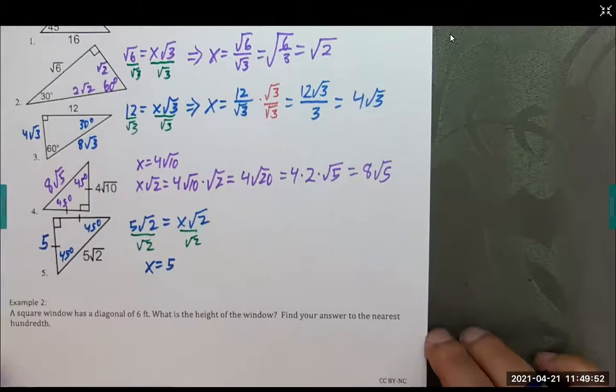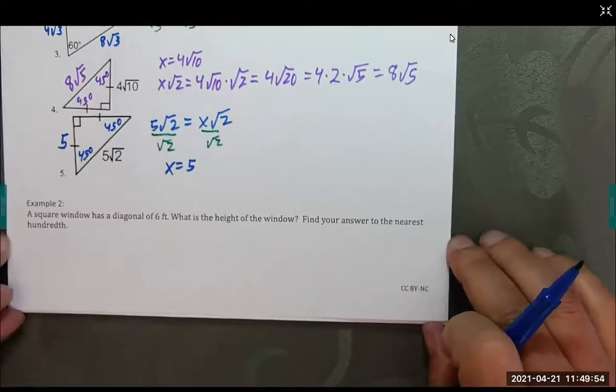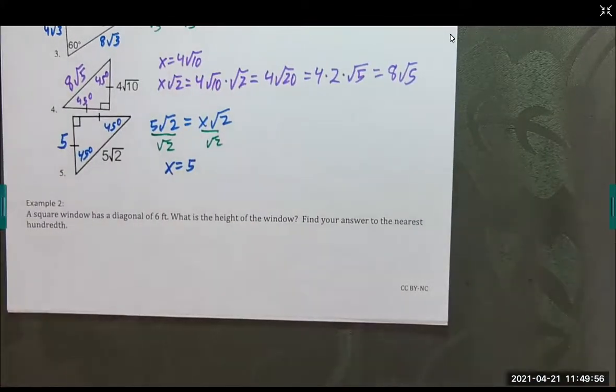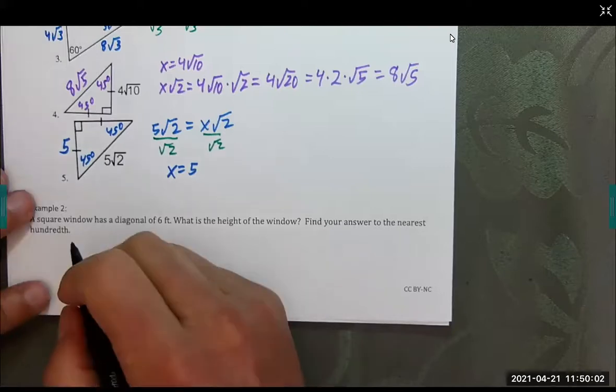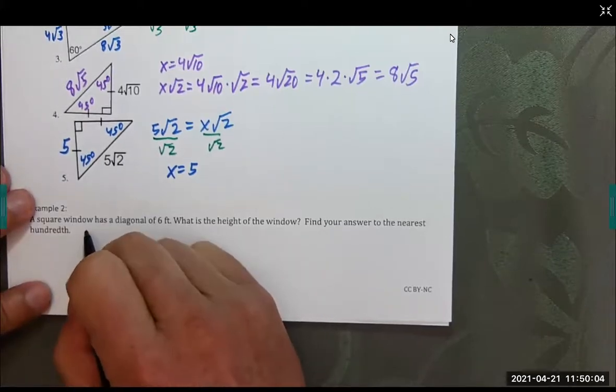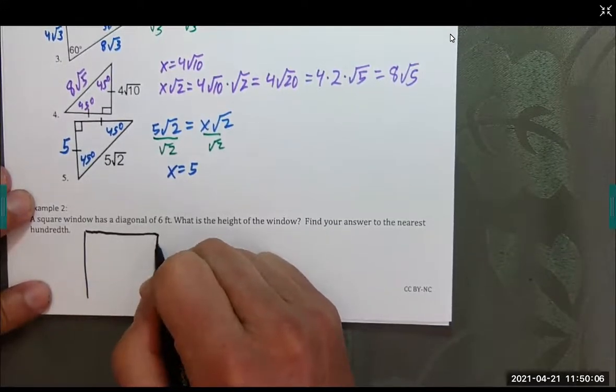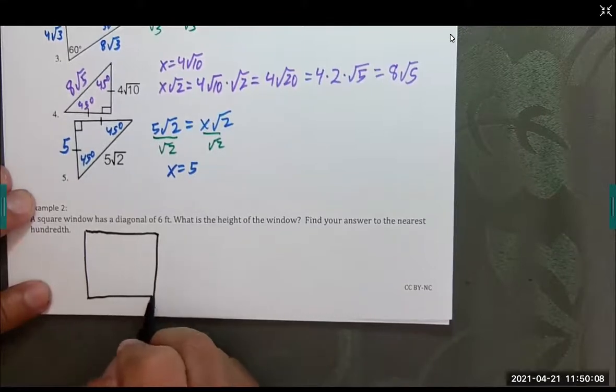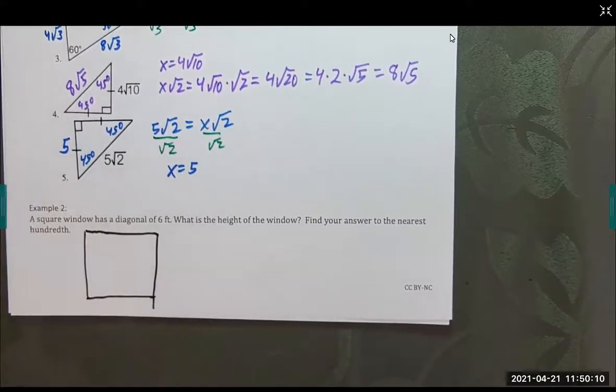All right, we're going to use the same logic for our last example here. We have a square window that has a diagonal of 6 feet. So we have a diagonal of a square window, which most windows are not square. Pardon the bad writing.